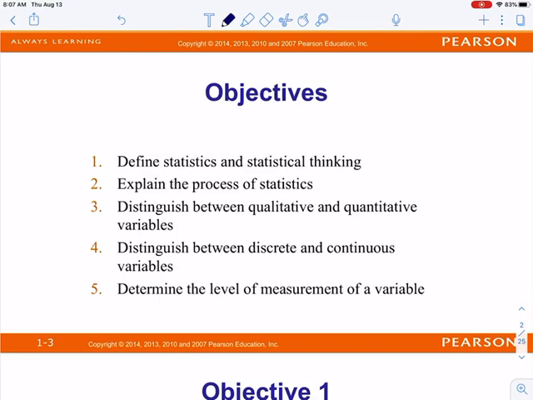The second is to explain the process of statistics. The third is to distinguish between qualitative and quantitative variables. The fourth is to distinguish between discrete and continuous variables. And the fifth is to determine the level of measurement of a variable.